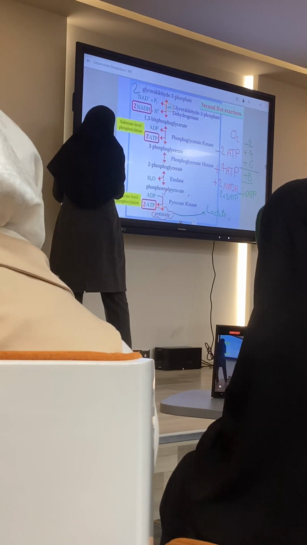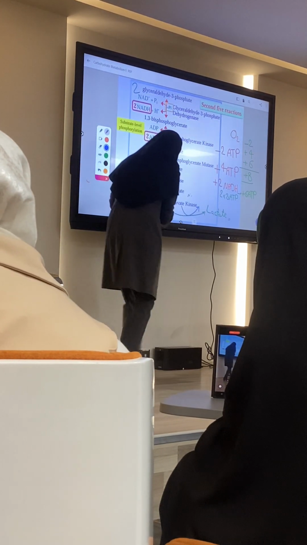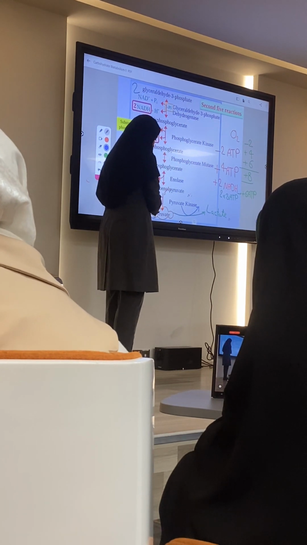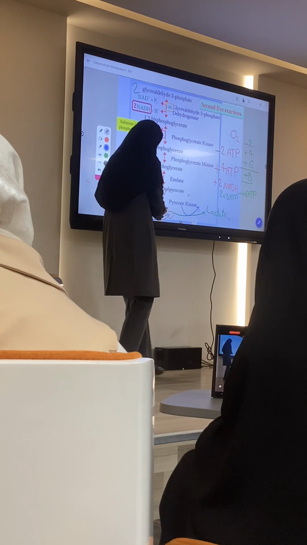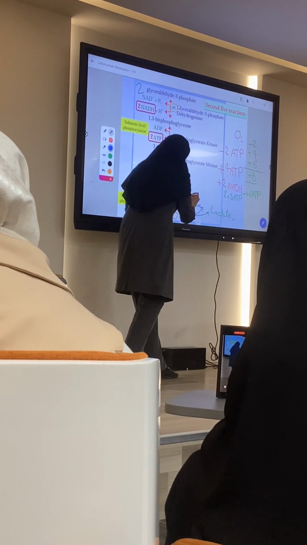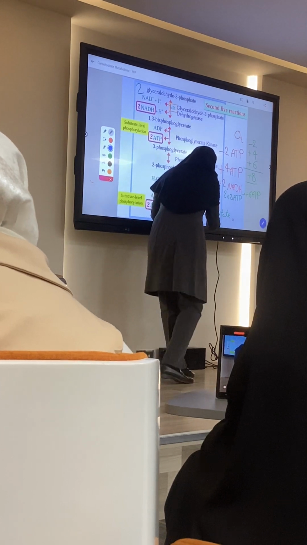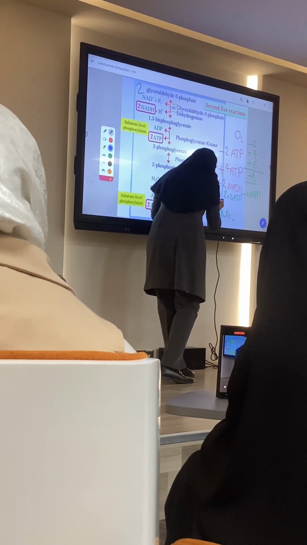What is the requirement here? How many pyruvates do you have? At the end you have 2 pyruvates. So for each pyruvate, 1 NADH is required and converts to NAD plus.